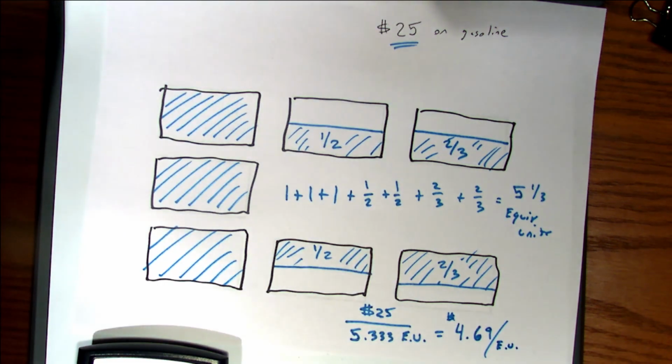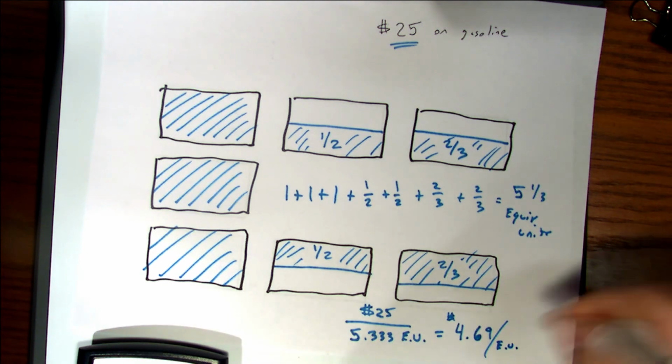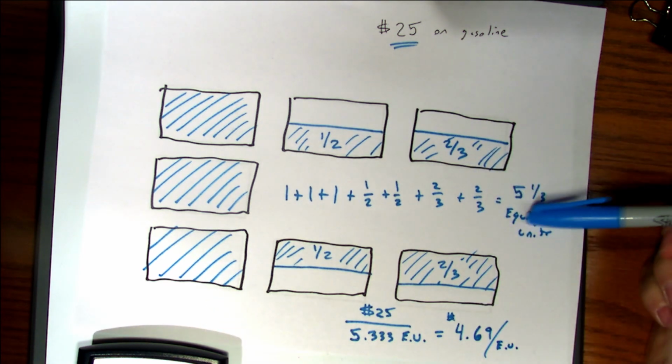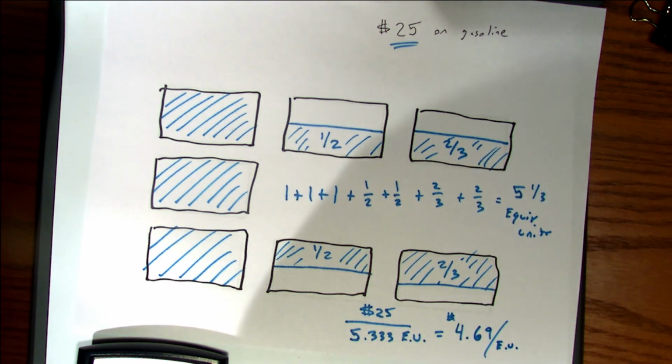Does that make sense? And that would be helpful to know how much gas he spends on a lawn. But you had to figure out the equivalent units. Does that make sense, guys? Okay.